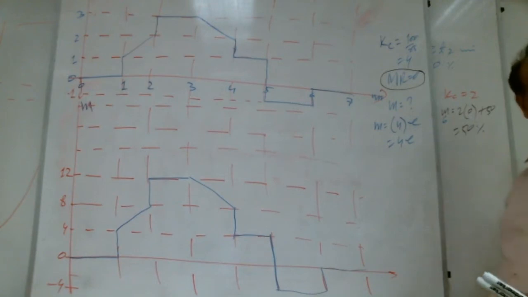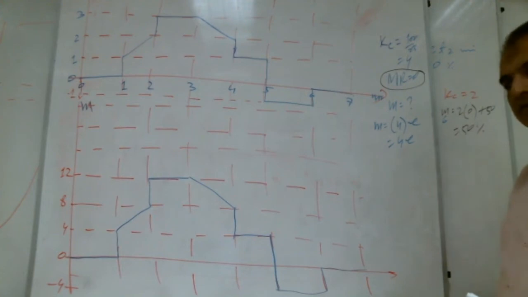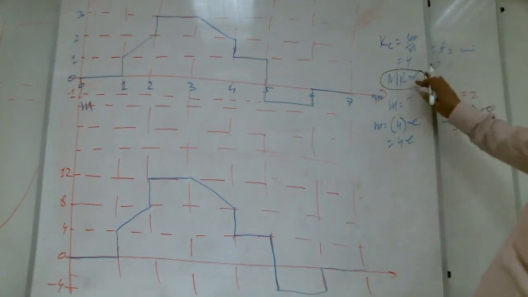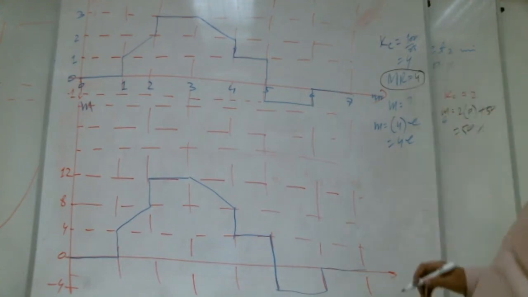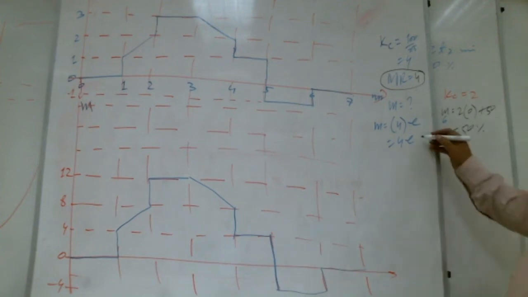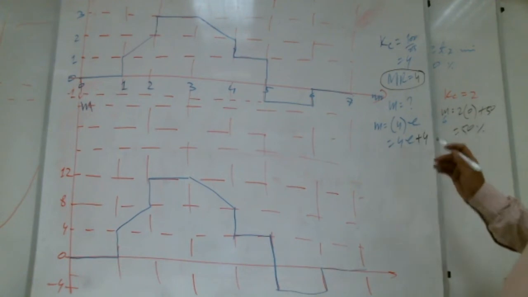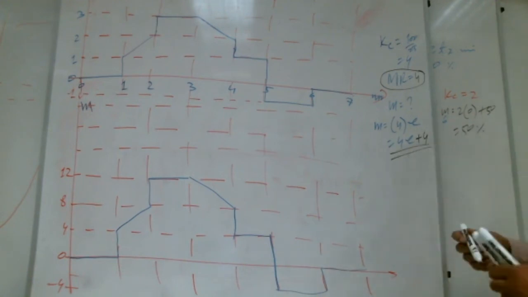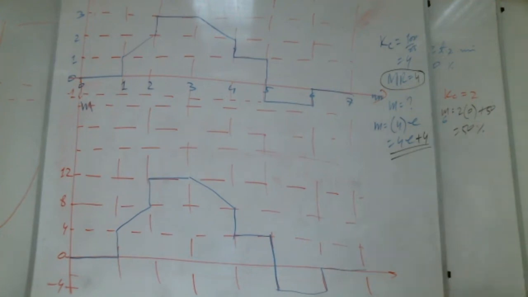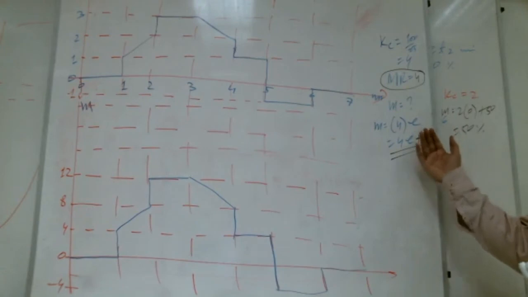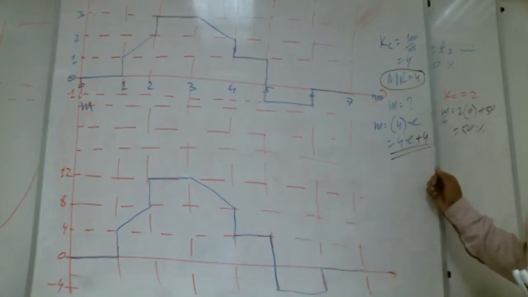What is our MR, Shabab? 0. Imagine MR is not 0. MR is 4. Now what will happen? It will be 4e plus 4, right? Yes, like this. Everybody with me? Even if the MR is given, you think MR is not given and draw the graph. Right?